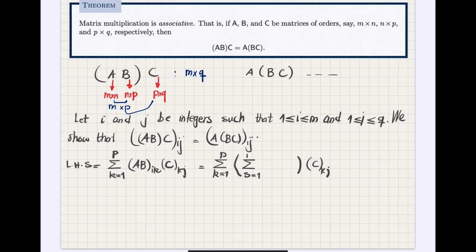It goes up to N, and the first one starts with what? Let me write them. The first one is A, the second one is B. A starts with what and ends with what?